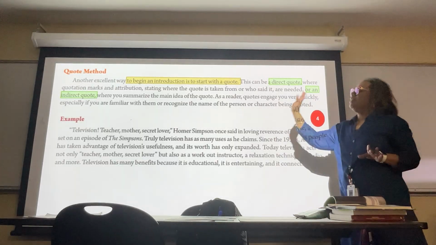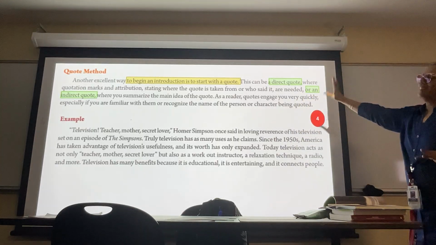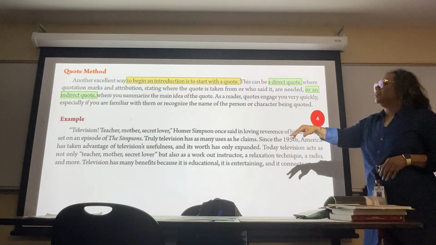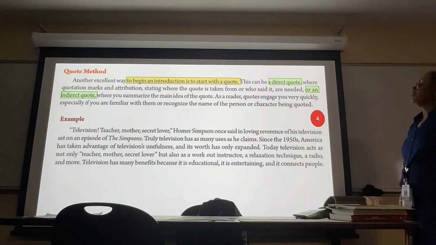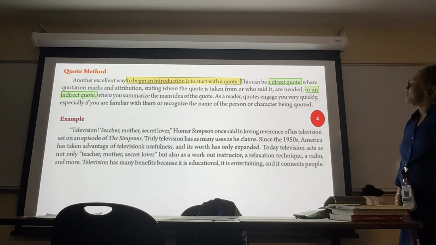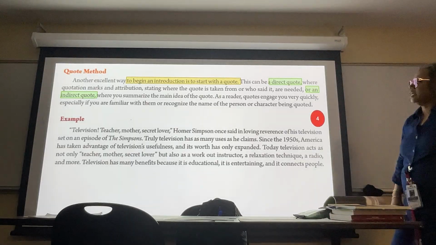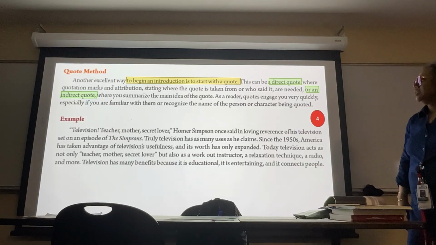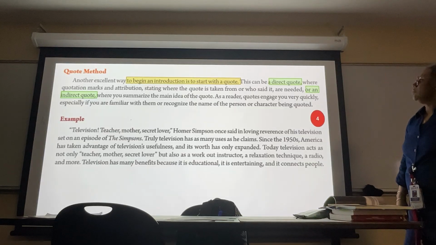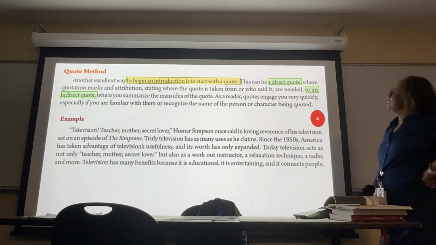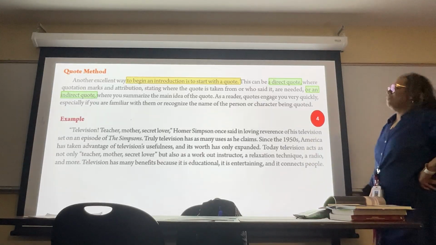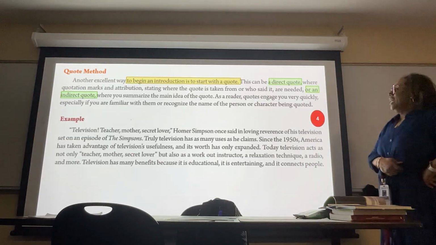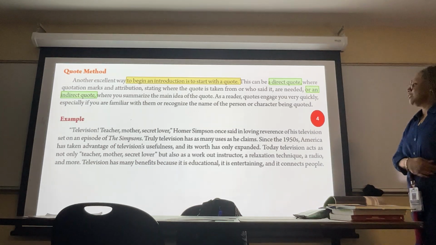All right, so indirect quote, that's a summary of it. Example: television, teacher, mother, secret lover, Homer Simpson once said in loving reference to his television set on an episode of The Simpsons. Truly, television has many uses, as he claims. Since the 1950s, America has taken advantage of television's usefulness, and its worth has only expanded.